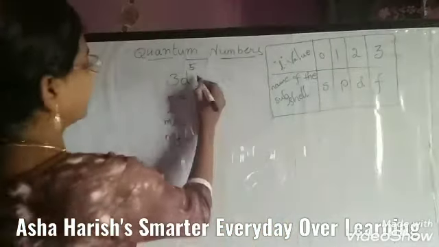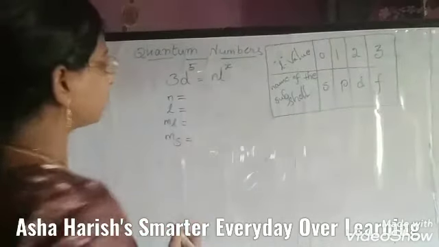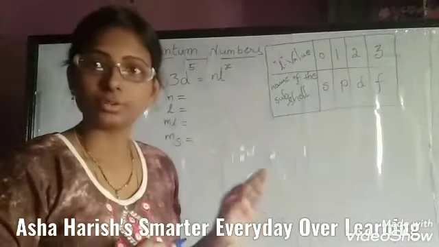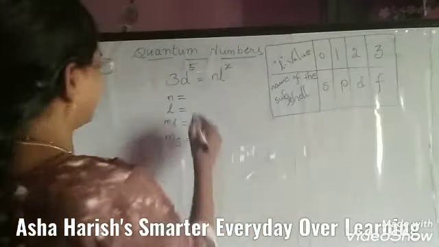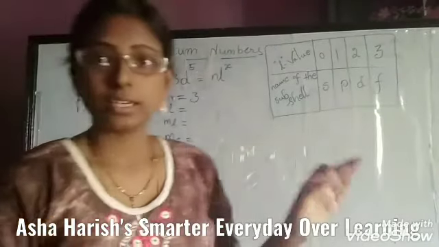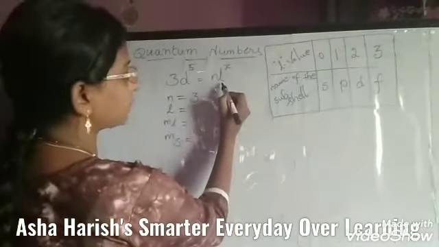So students, if you see in the n, l, x method, in the place of n, here the number 3 is there. So in the place of n you can take the number 3. So students, and L means azimuthal quantum number. Here L is the azimuthal quantum number.